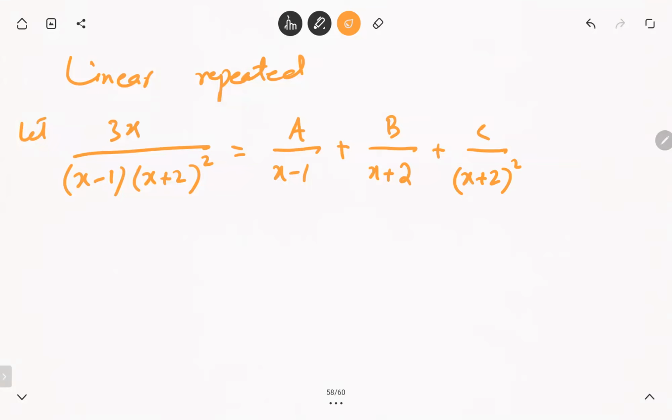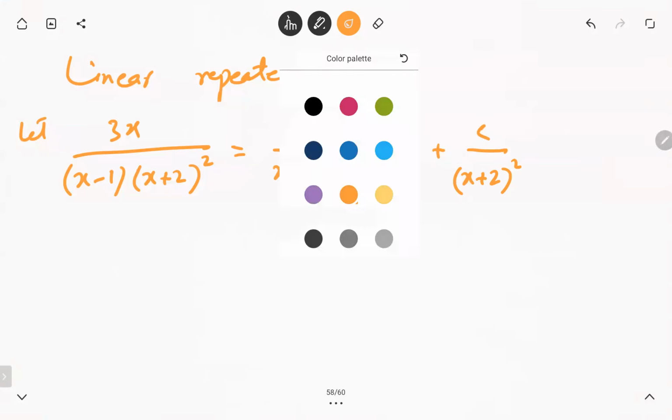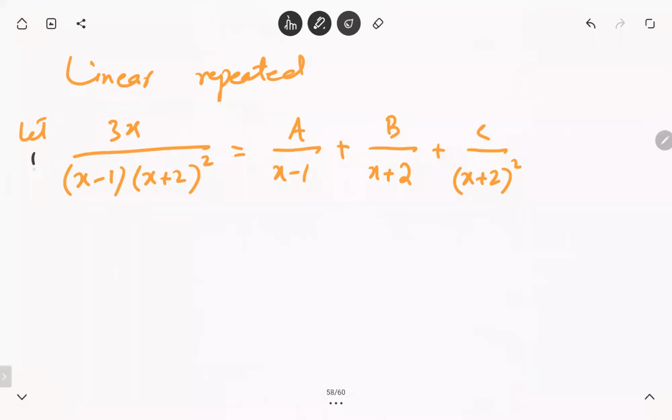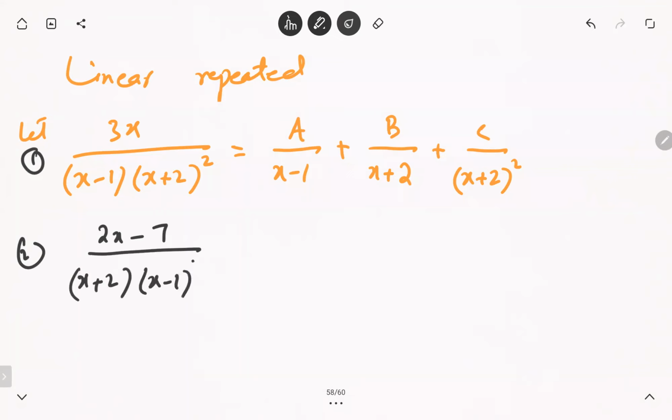That's the first step. और अगर यहाँ होता कोई और क्वेश्चन, example, second question की example, if the question is like 2x minus 7 over x plus 2 x minus 1 whole cube, who will tell me the supposition for this?